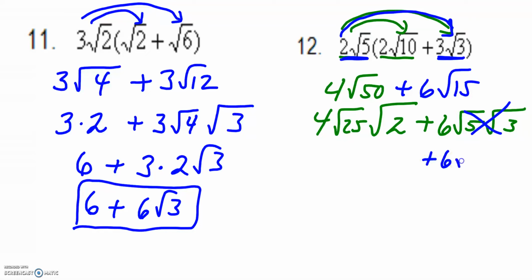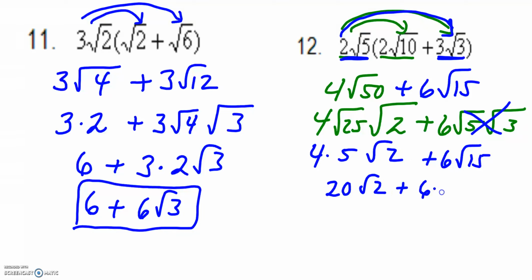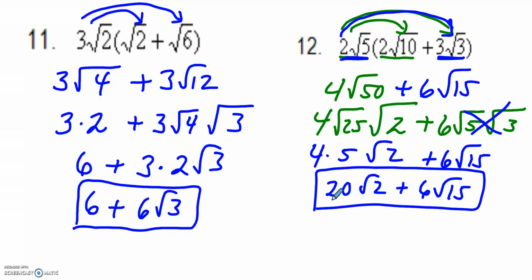So I'm going to keep this as just 6 root 15. This side is really 4 times 5 root 2, which would be 20 root 2 plus 6 root 15. Now because these radicands are not the same, I cannot add or subtract anything that's not a like term. So this would be my final answer for number 12.